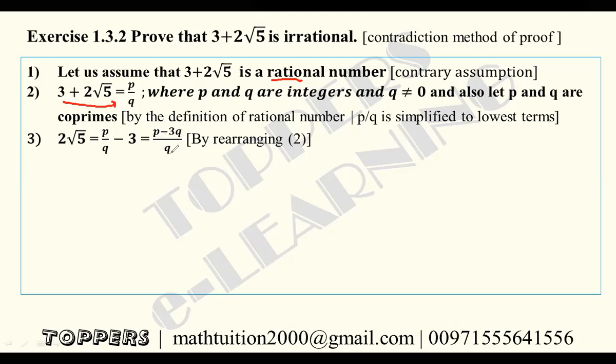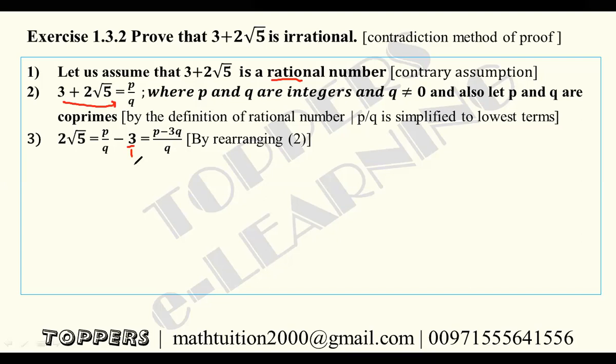LCM is q. So q in q 1 time, 1 into p is p. And 3 we can consider as 3 by 1, so 1 in q times, q into 3 is 3q. Or we can multiply numerator and denominator of 3 by 1 by q to make the equivalent fraction, so this changes into 3q by q. The denominators are common, so take q as common denominator and p minus 3q.